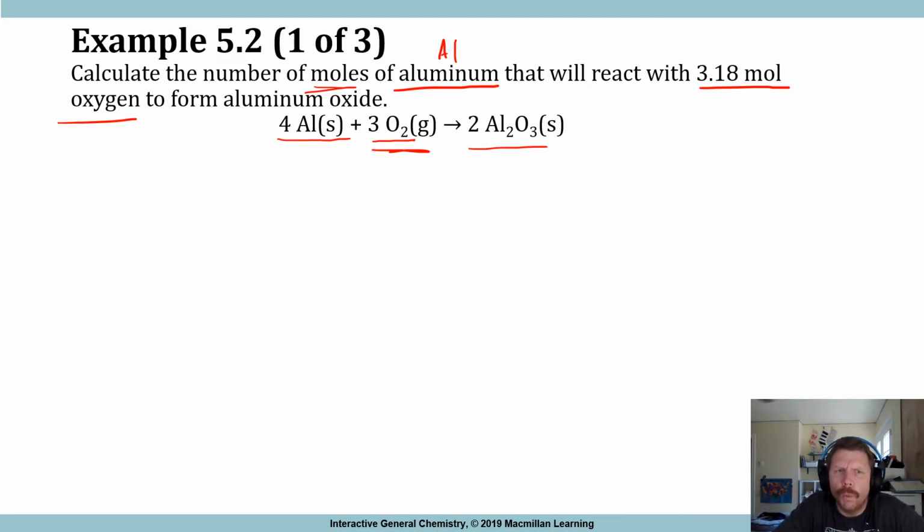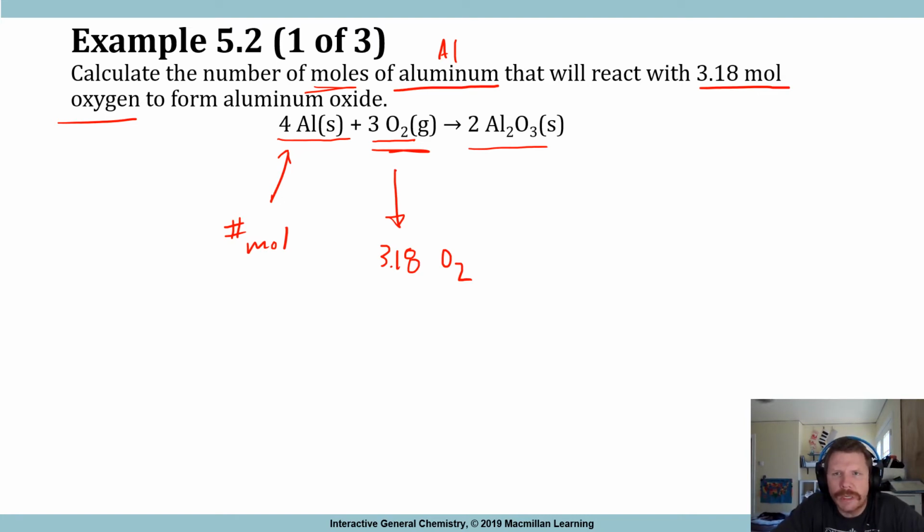What we're asking is what number of moles of Al react with 3.18 moles of O2. Well, 3 moles of O2 will react with 4 moles of Al. So that's a ratio that we can use there.